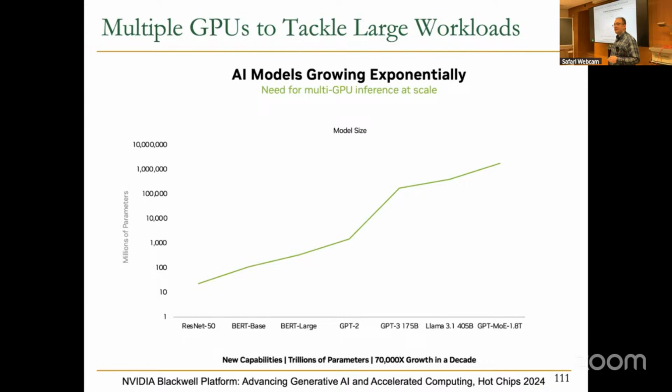Is the demand outpacing what we can design? I couldn't follow the question. So is the demand for AI processing outpacing what we can deliver? Well, it depends on the models.